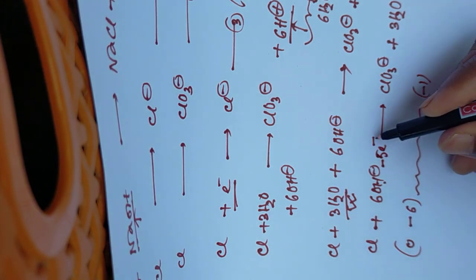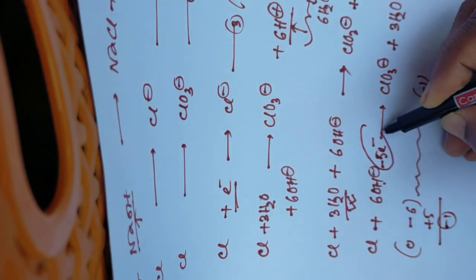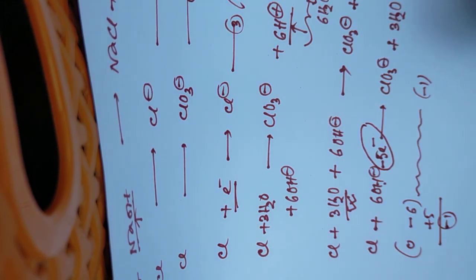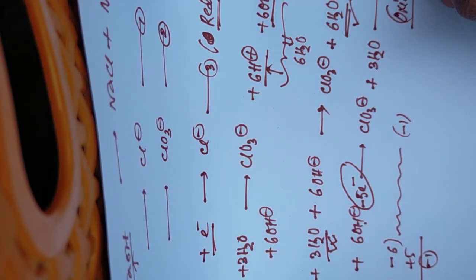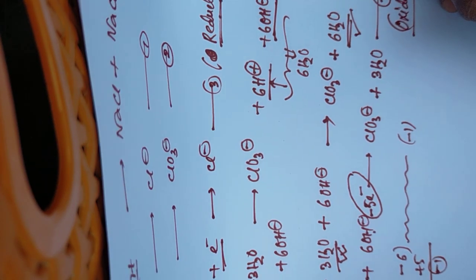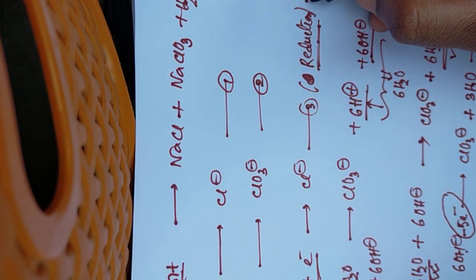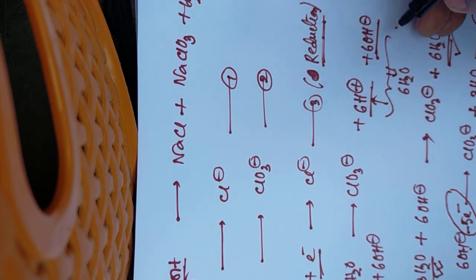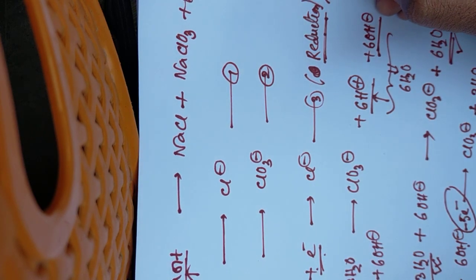As electrons are removed in the process, this reaction is an oxidation reaction. Now here the electrons transferred are 5, so it is multiplied by 1. Here the electron added is 1, so it is multiplied by 5.